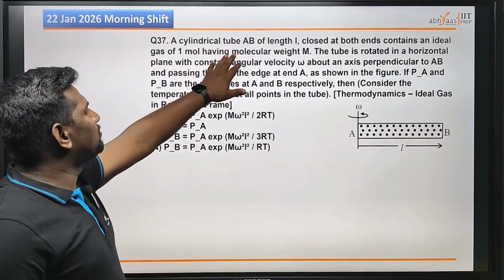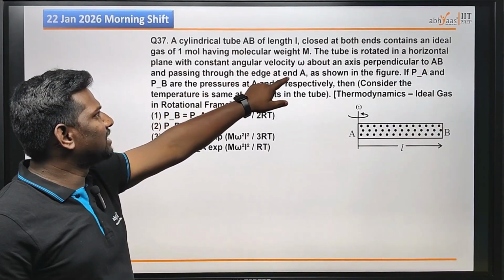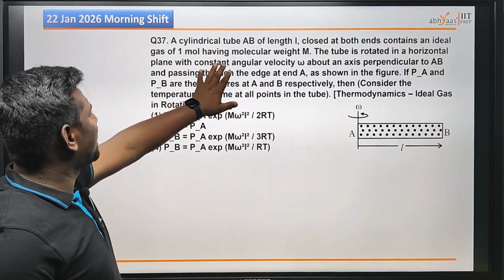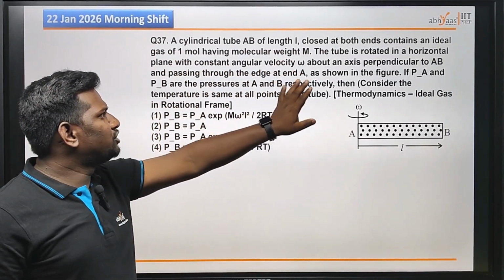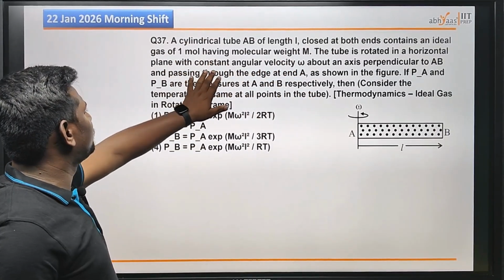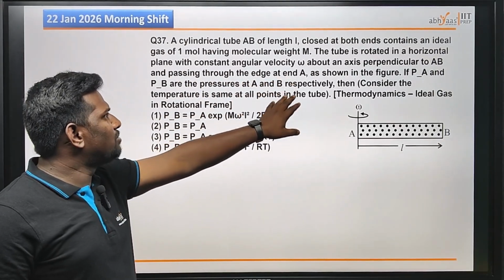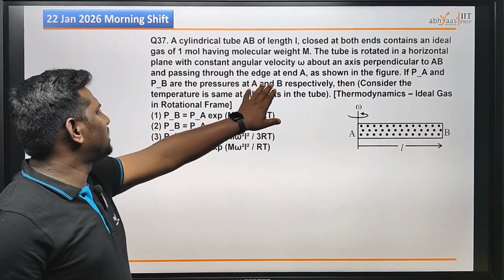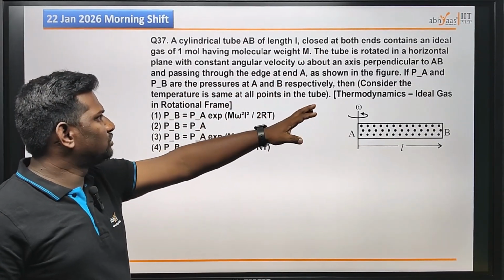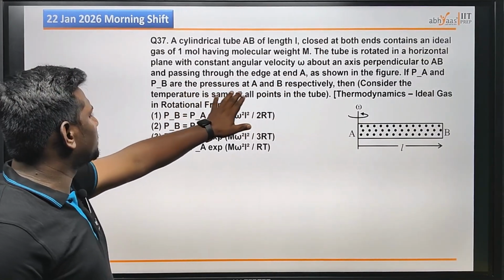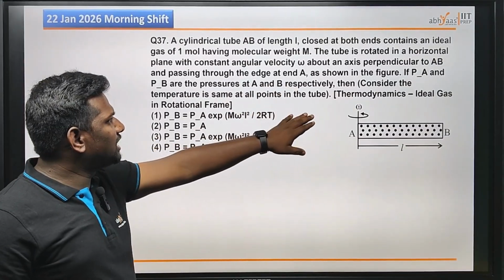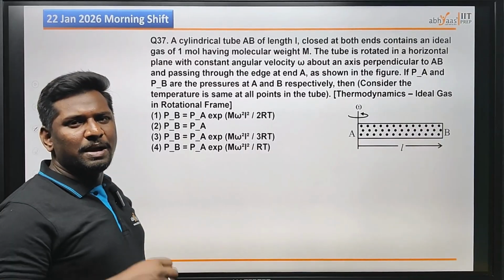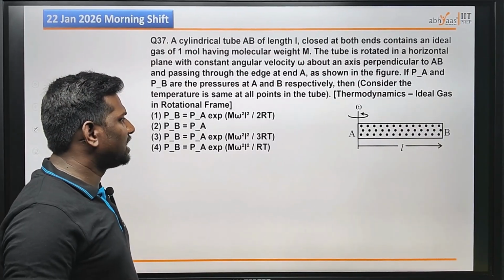A cylindrical tube AB of length L closed at both ends contains an ideal gas of 1 mole having the molecular weight capital M. The tube is rotated in a horizontal plane with constant angular velocity omega about an axis perpendicular to the AB and passing through the end A as shown in the figure. If PA and PB are the pressures at A and B respectively, then what is the relation between PB and PA?